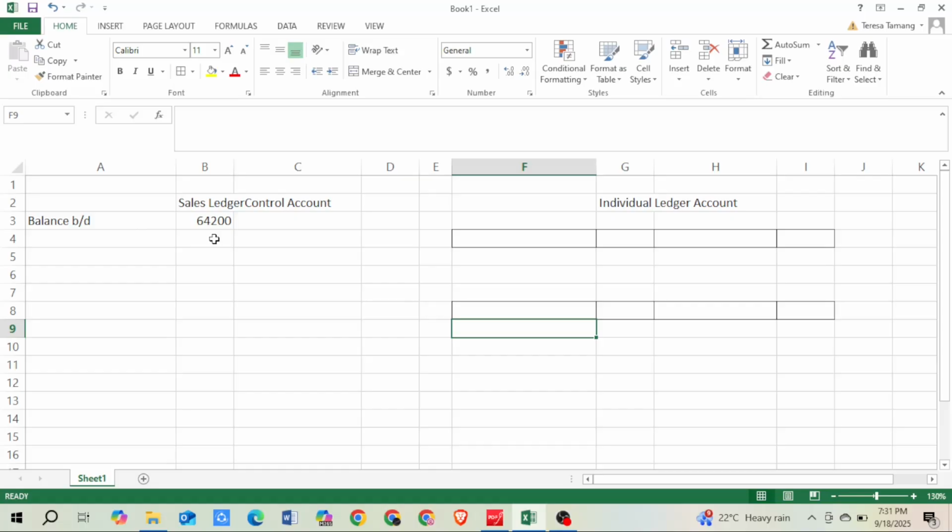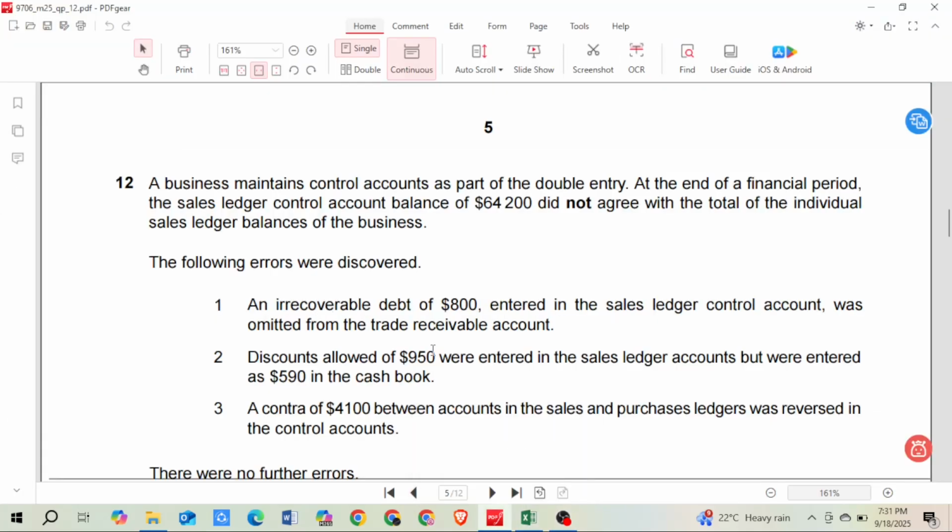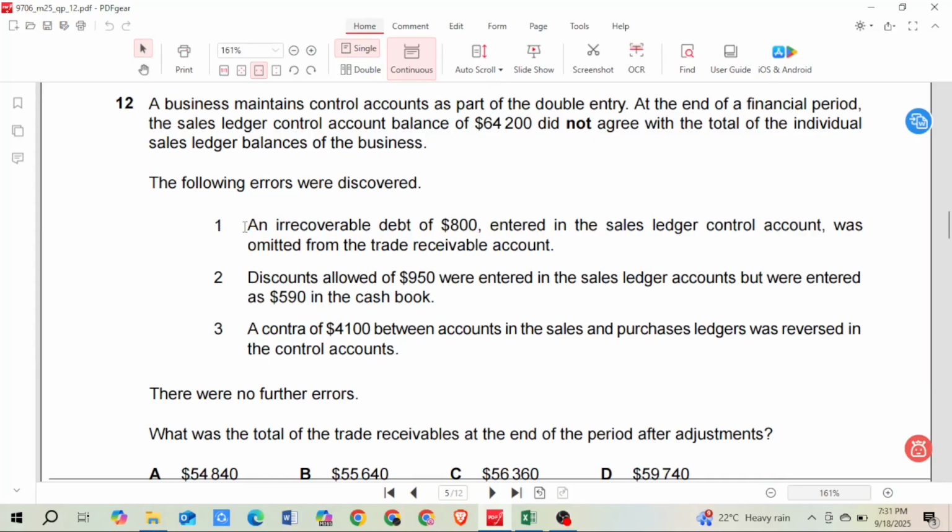Okay, what they're saying here is that the total of the individual ledger accounts and the total in the control account are not matching. The reason is that three errors were discovered. Number one, an irrecoverable debt of 800 entered in the sales ledger control account was omitted from the trade receivables.